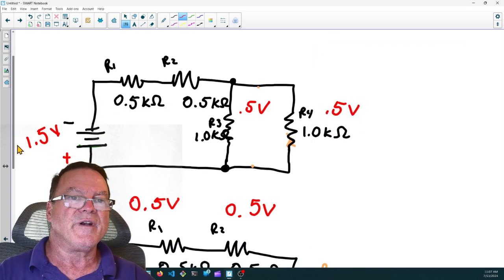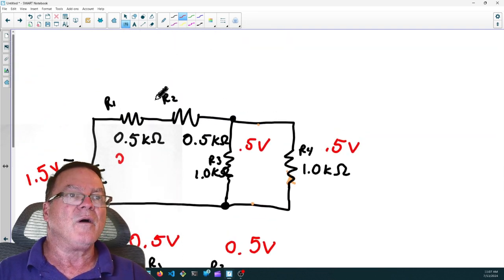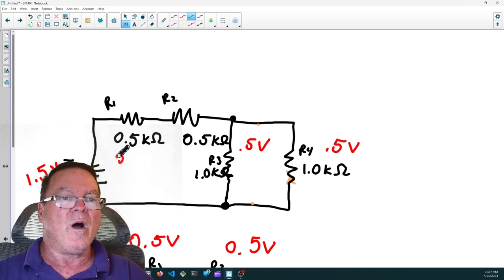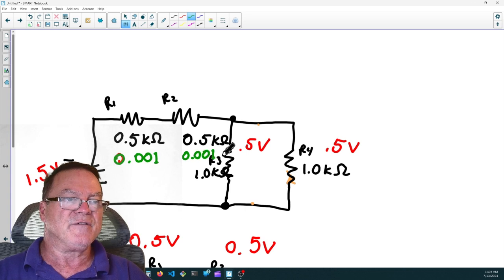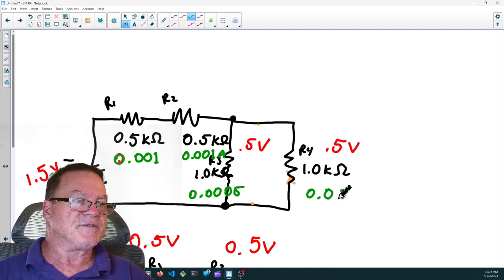And what did we have over here? We had 0.001 amp, 1 milliamp, 0.001 amps total, 0.001 amps flowing through R2. And now we have 0.0005 amps flowing through R4.